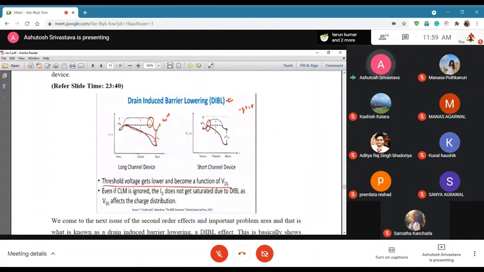But as you scale it down, there will be changes leading to EX dominating with respect to EY as you scale down channel length L. And that would introduce the lowering of barrier.